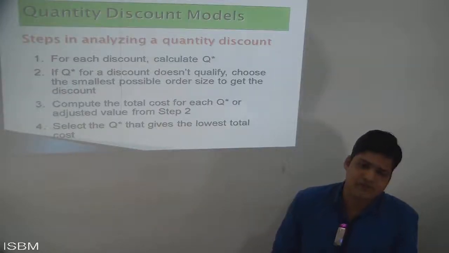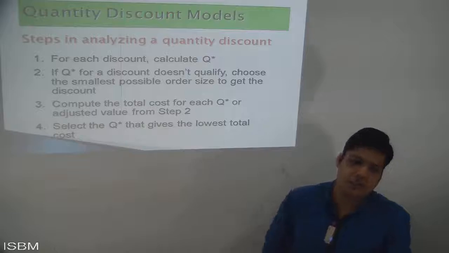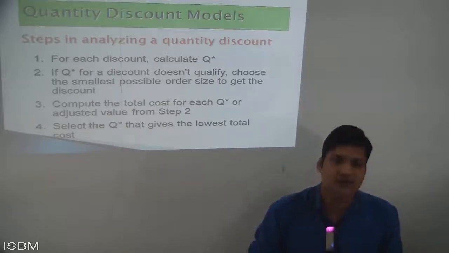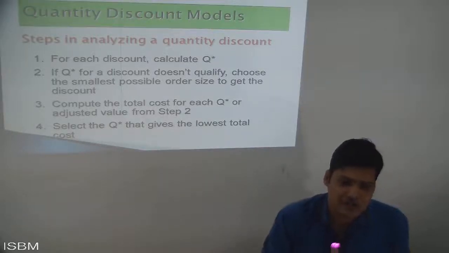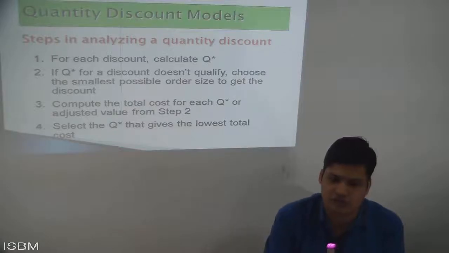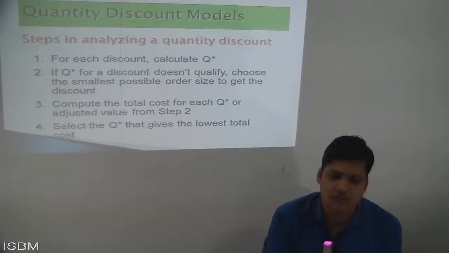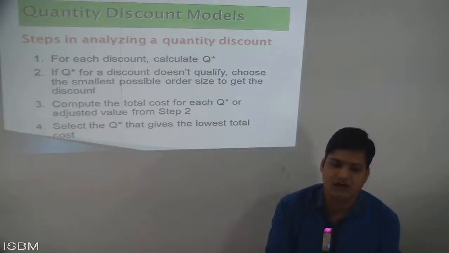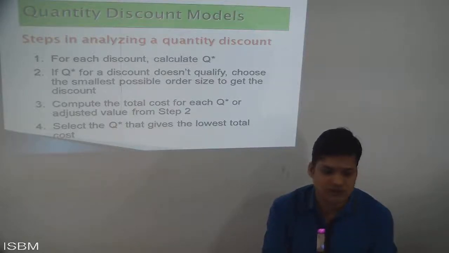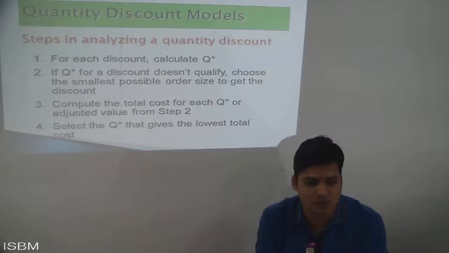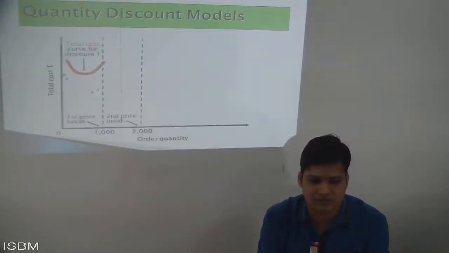The steps in analyzing a quantity discount: for each discount, calculate the EOQ, which is Q star. If Q star for a discount does not qualify, choose the smallest possible order size to get the discount. Compute the total cost for each Q star or adjusted value from step 2. Then select the Q star that gives the lowest total cost.